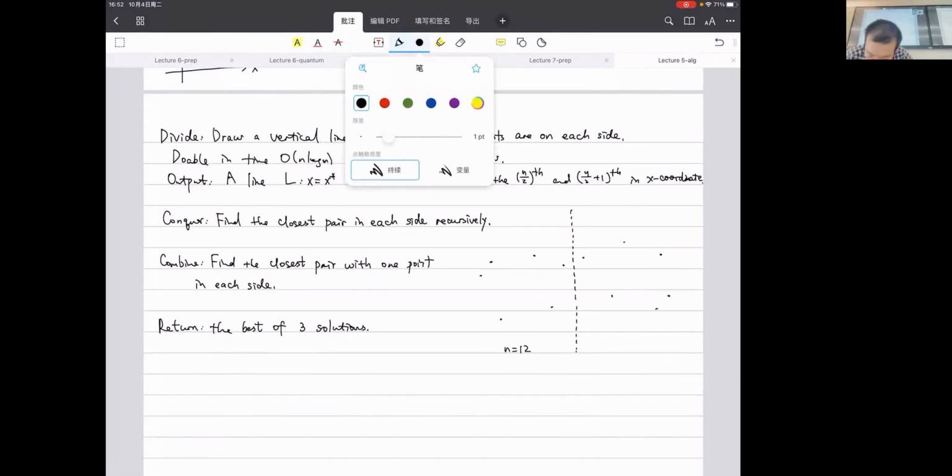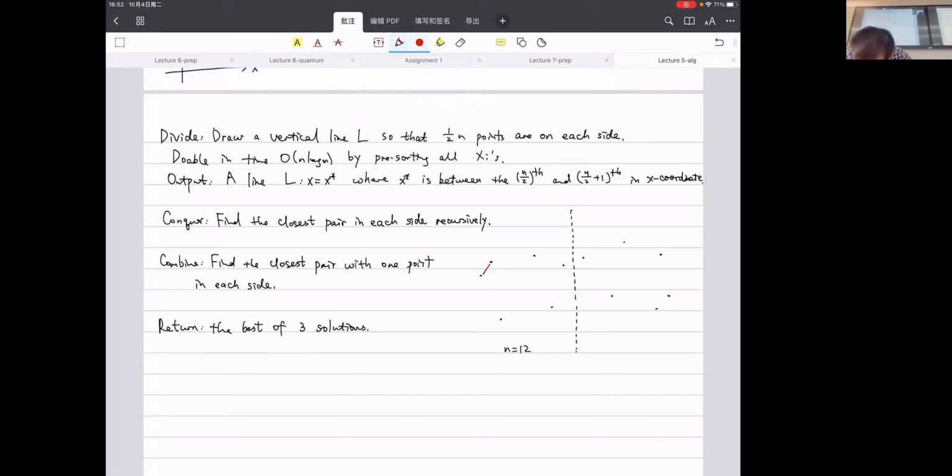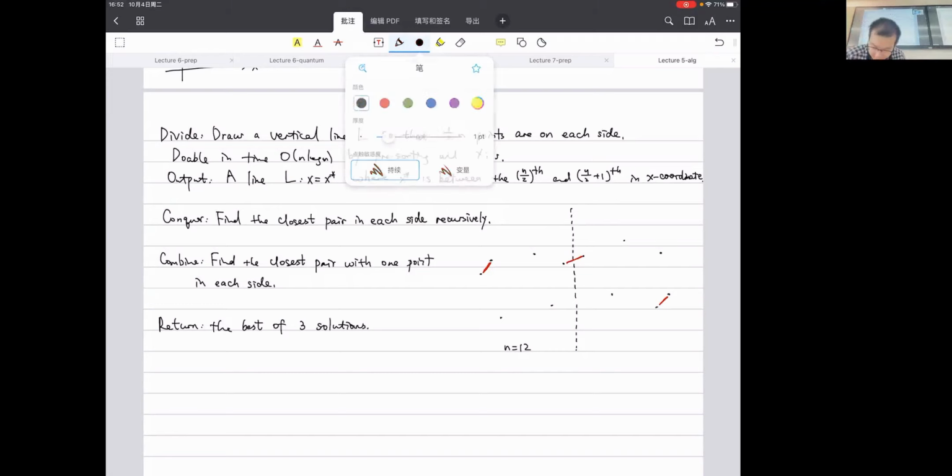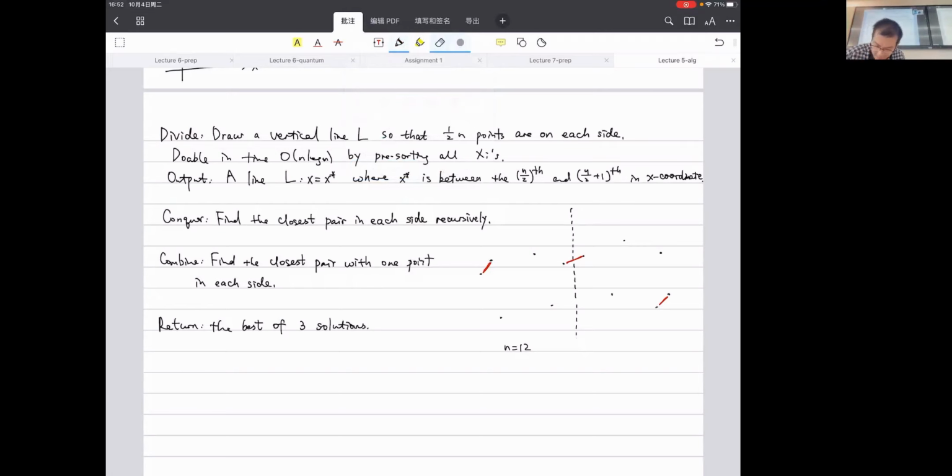If you run this divide and conquer idea, for the left-hand side you can clearly see this is the closest pair. And for the right-hand side, this is the closest pair. And for the merge between left and right, probably this is the closest pair. What you need to return is the best of the three solutions, so you need to check which is the smallest one. This is the L here. So is this clear to you? Basically, this is the description of the divide and conquer idea.